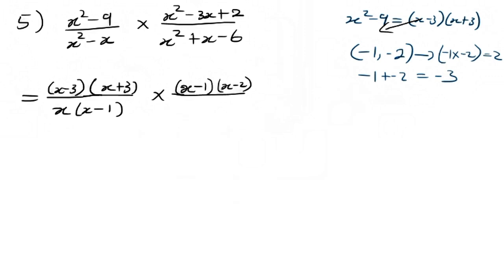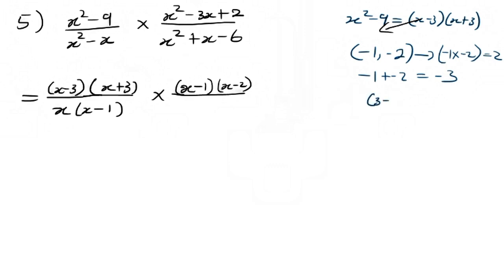Okay, now let's look at the denominator as well. It's also a quadratic expression, and we can also use the factorization method to get the factors of the expression. So we are going to think of the product of negative 6 and the sum of positive 1.